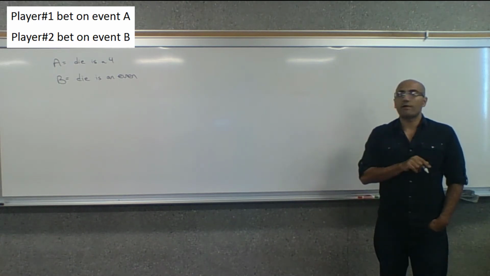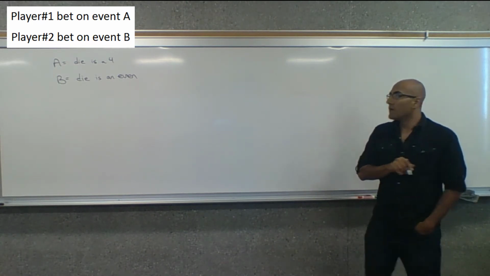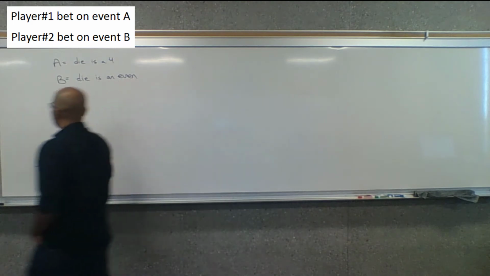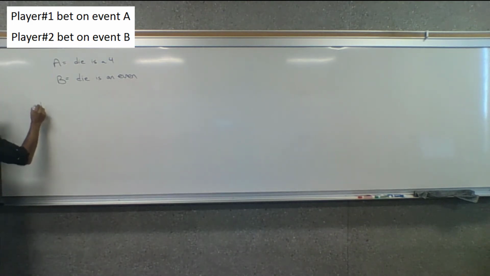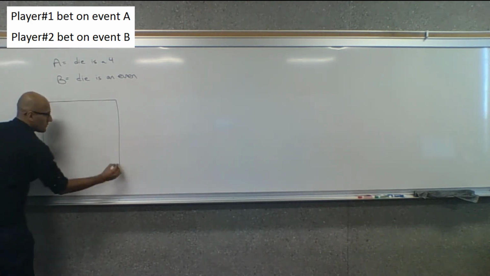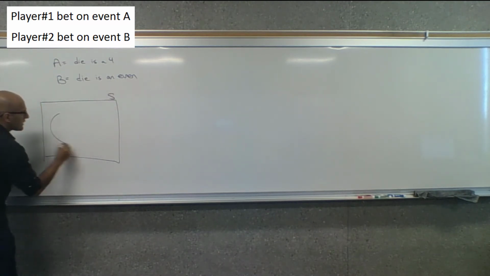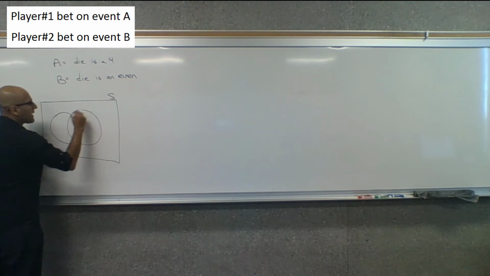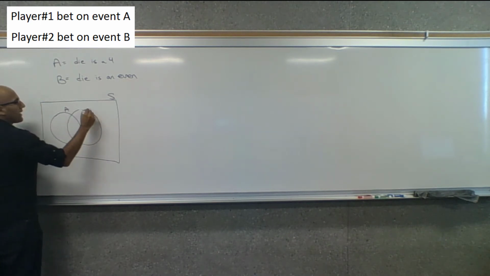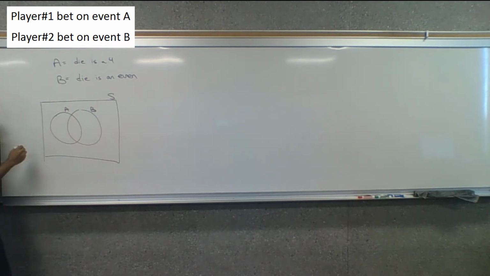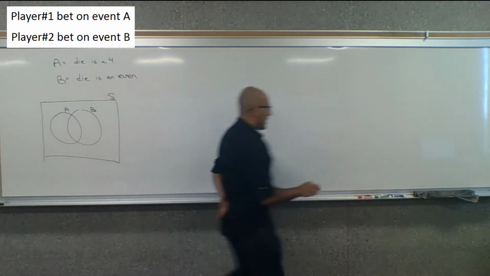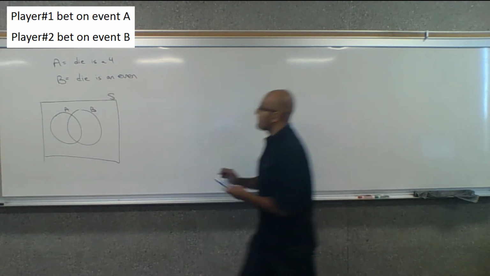First of all, let's think about a Venn diagram for this. There's a couple of ways that we can draw a Venn diagram for this situation. We have a big rectangle like this, the sample space. And let's say that we have event A and event B like this. Event A is that it's a 4.